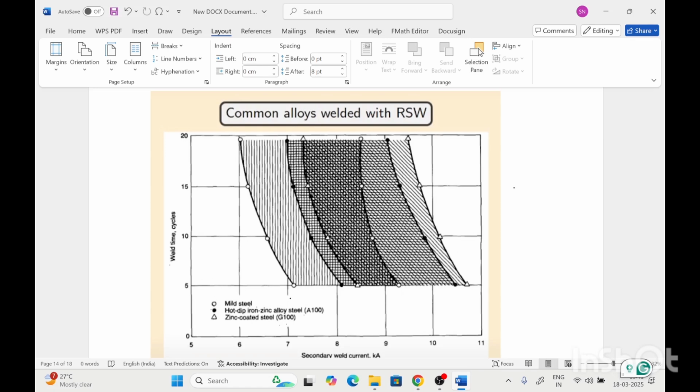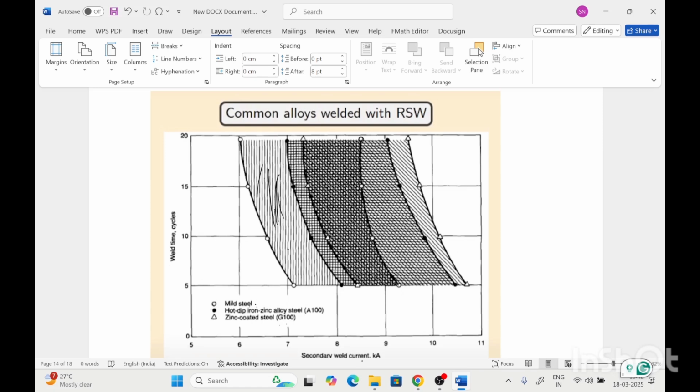For the mild steel, where no coating is applied on the plates, this single line area is for mild steel. The welding time and weld current are less for mild steel, because we do not need to soften the coating.